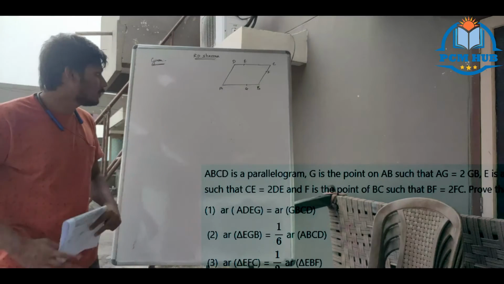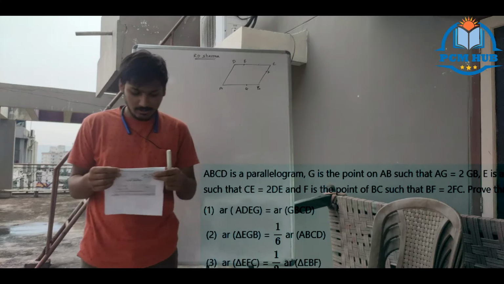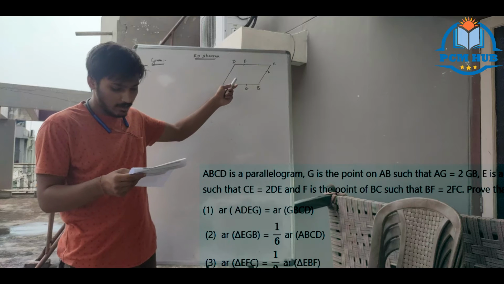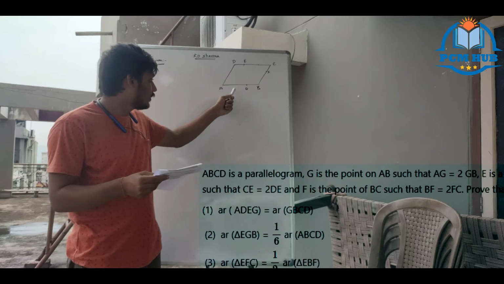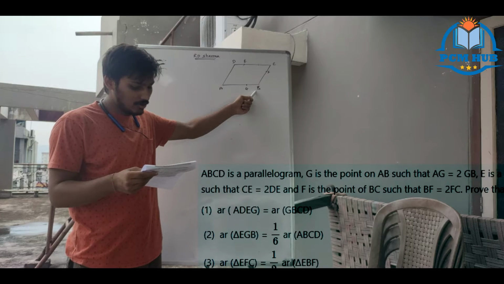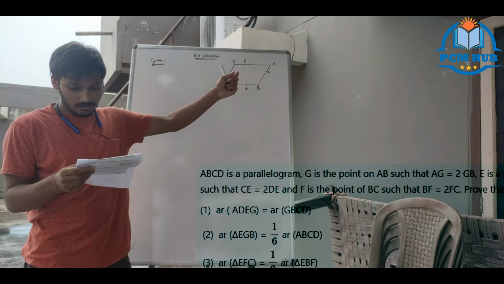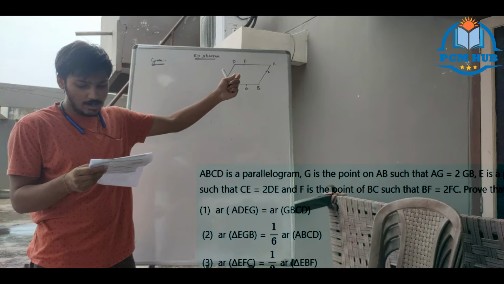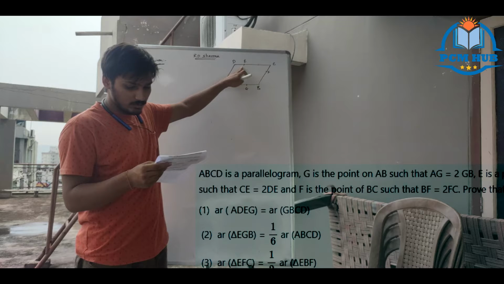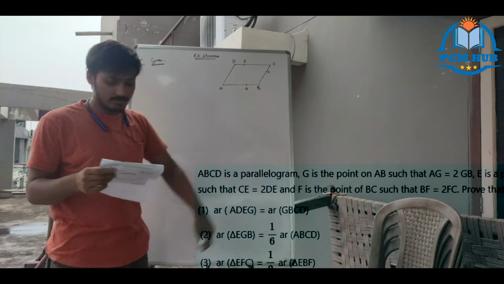ABCD is a parallelogram. I am reading the question again. G is the point on AB such that AG equal to 2 times GB, and E is a point on DC such that CE equal to 2 times DE, okay.